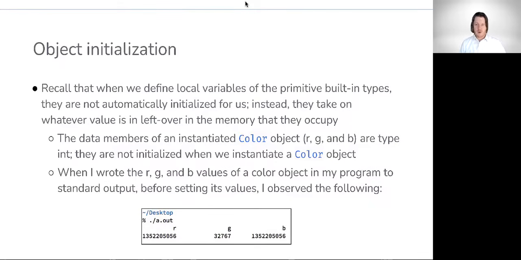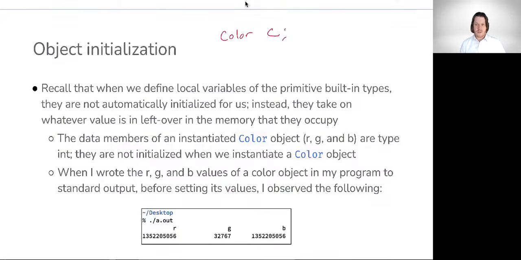These are nonsensical values, and obviously they do not fall within what it means for this object to be of a valid color. So what we'd really like to happen is that on default construction, so if we were to write something like color C, we would like our R, G, and B to take on some sort of sensible default value.